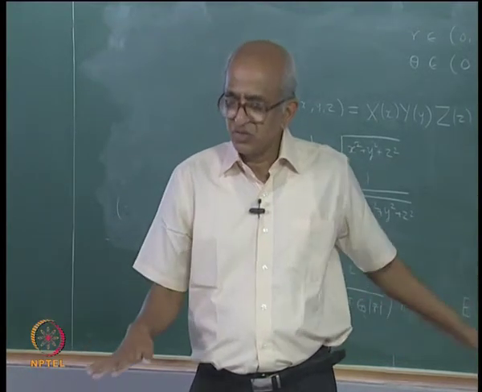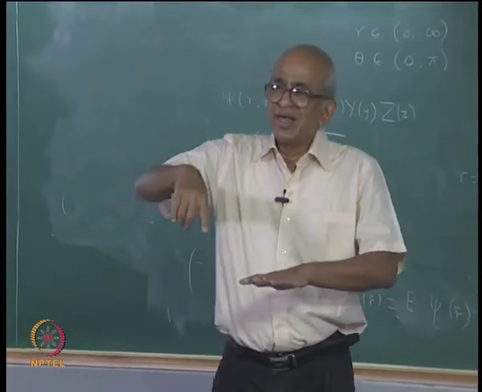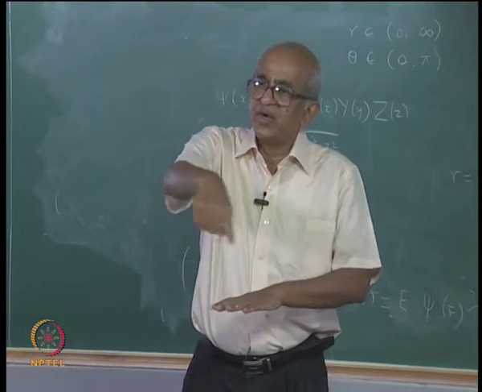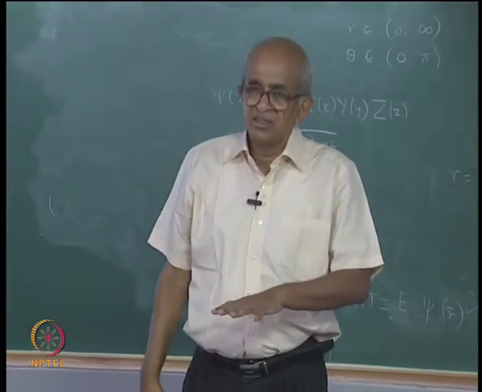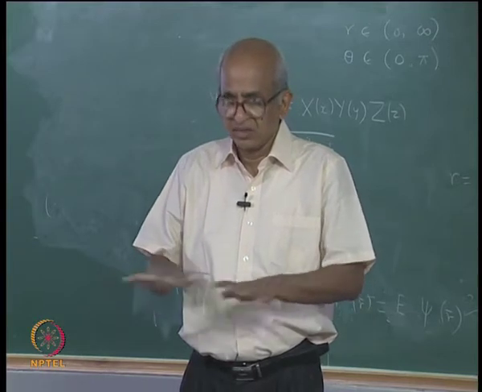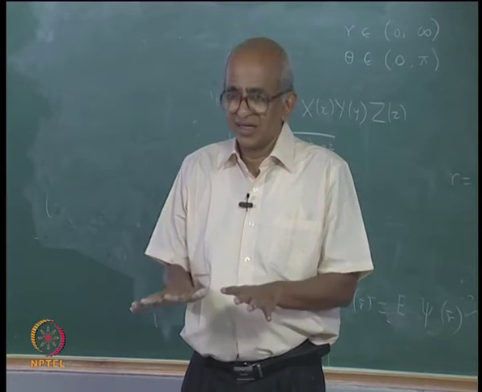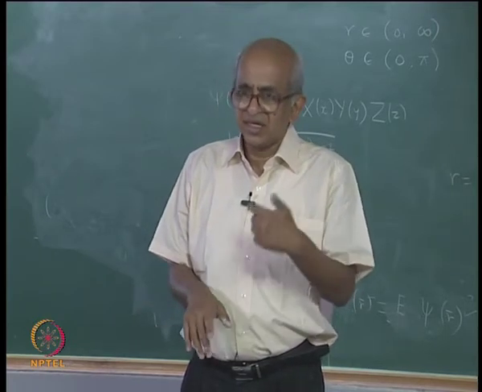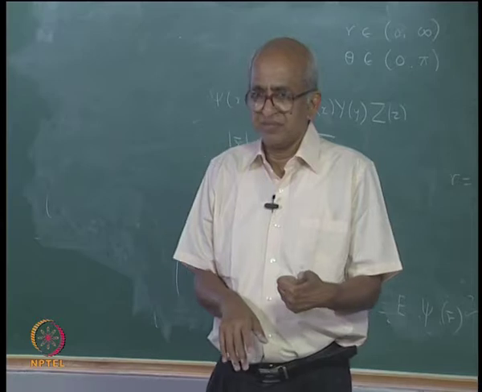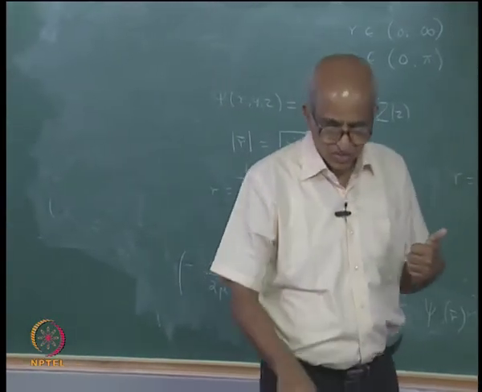So, these two combined together will tell me that the point is somewhere along a circle of radius 10 feet lying in the xy plane, right. That still does not enable me to specify the point exactly, which means that I need one more additional coordinate, right, and that coordinate I am going to introduce now.